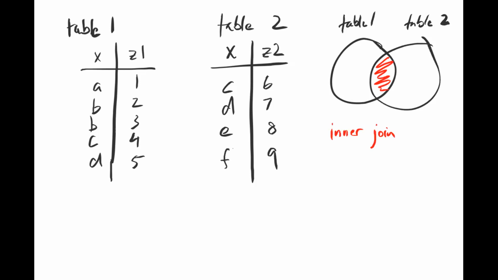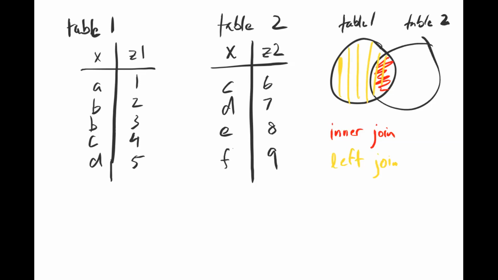There is something called a left join. That will include the things that are overlapping in table 1 and 2, but it also includes everything in table 1.